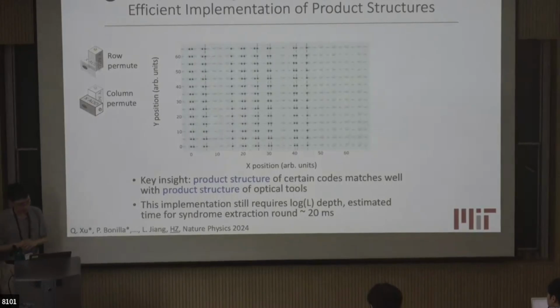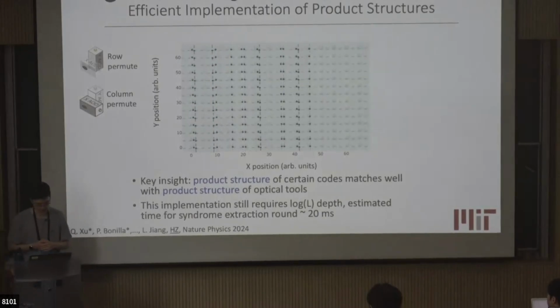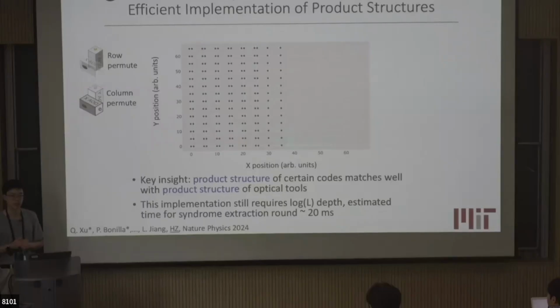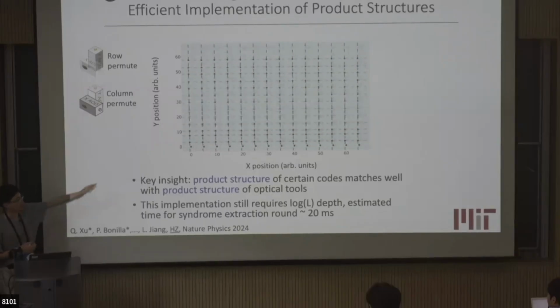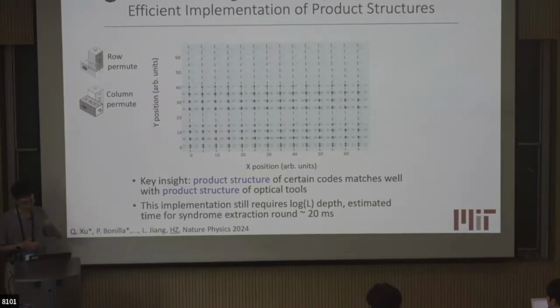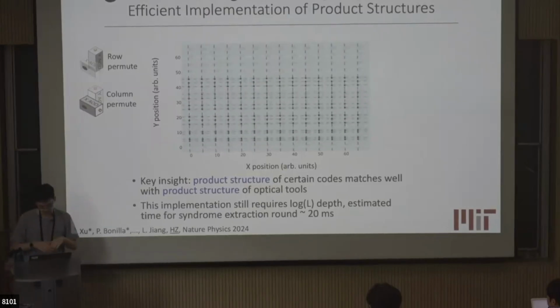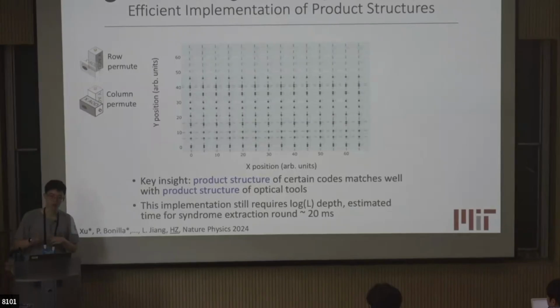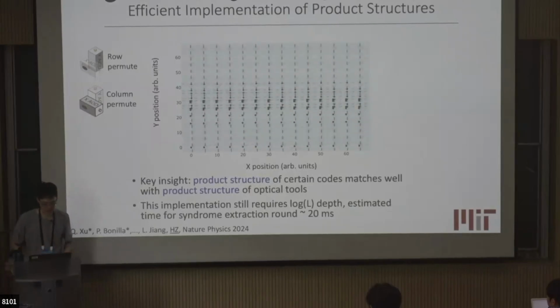In this particular proposal at the time, we had a reasonably efficient implementation with log L depth, where L is the size of the classical code, which is one dimension of the system. But if you take the generic algorithm, it's a tailored sorting algorithm that does divide and conquer.